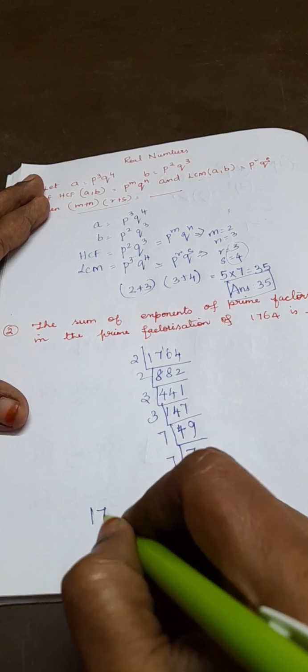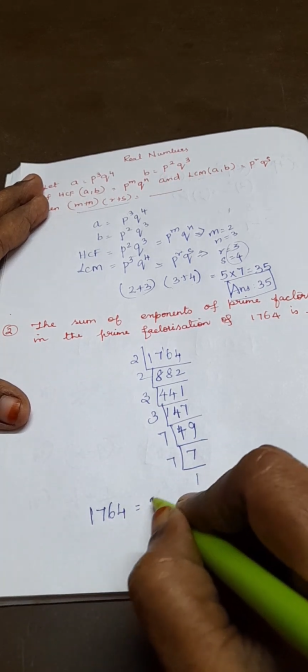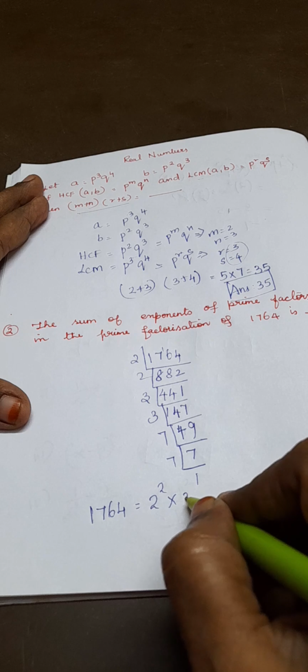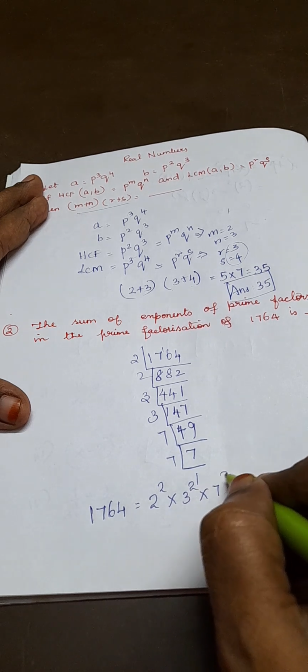So you will get 1764 as 2 power 2 into 3 power 2 into 7 power 2, right?